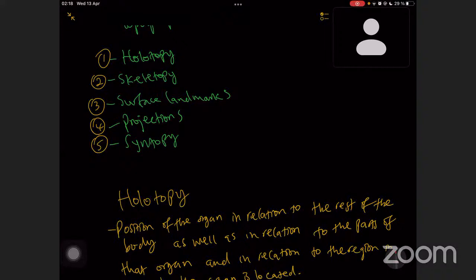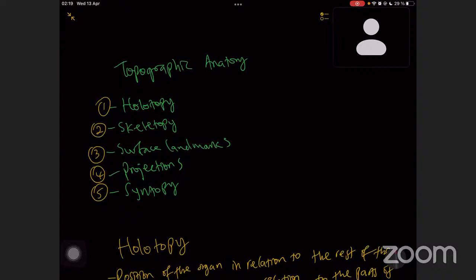Then synthopy, the position of the organ in relation to the adjoining anatomical structures, such as other organs, muscles, vessels, nerves, and especially the relationship of the organ to the different layers of the body.